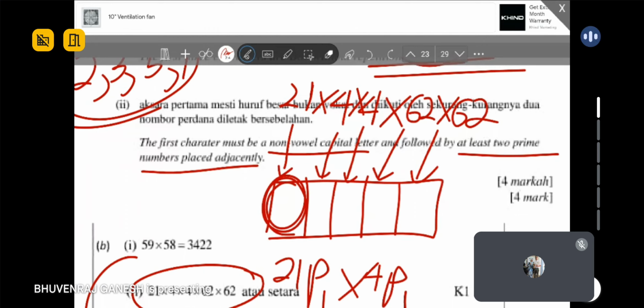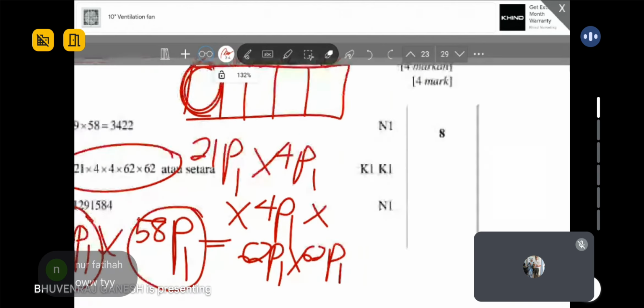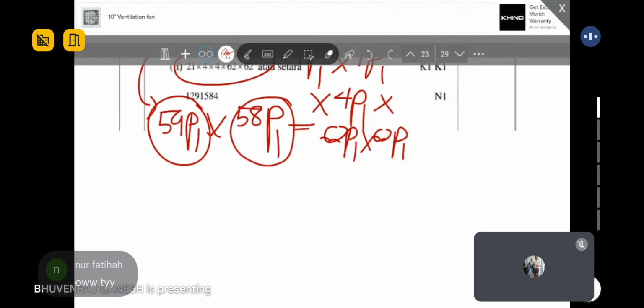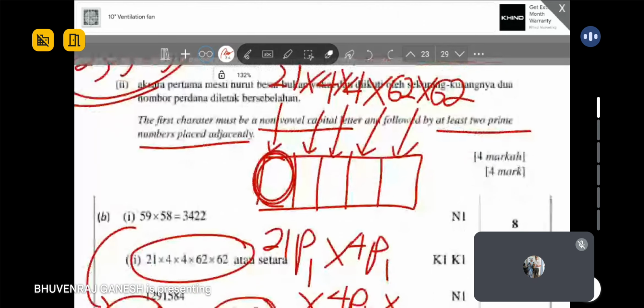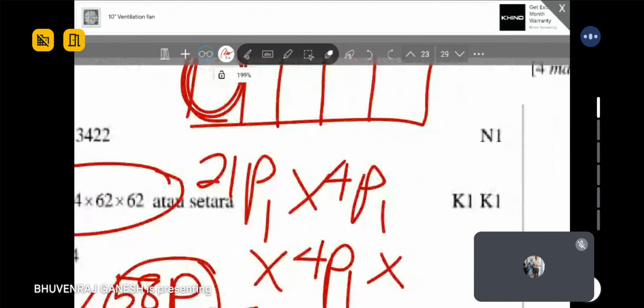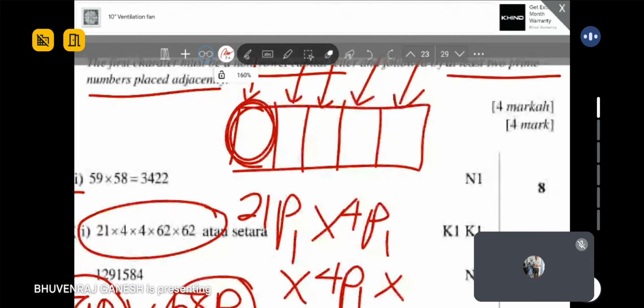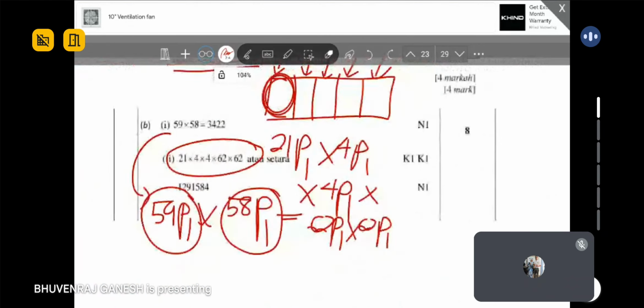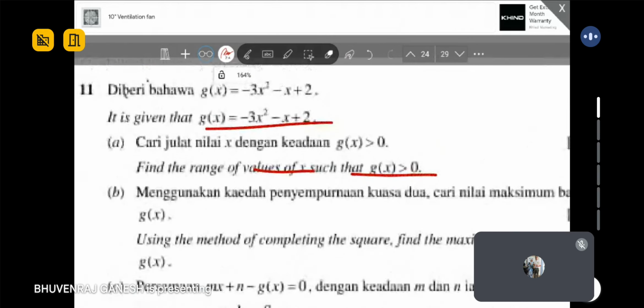Satu kedudukan, satu nombor. That's why P1 lah. Okay? So that's why nilai R1 lah. Always when you do permutation, right? Pilih atau biasanya nombor kat bawah tu P1. Kalau kamu fokus untuk satu kedudukan saja, one position, always is P1. Okay? Alright. So now, question 11.